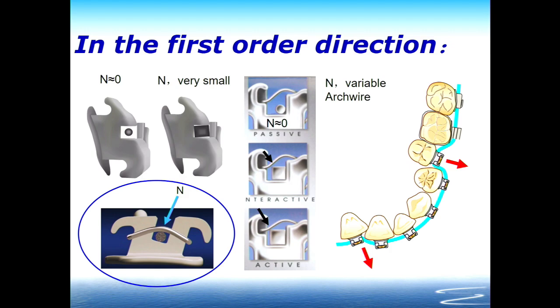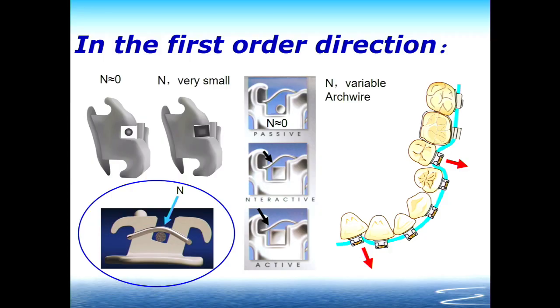And if you increase the size of the archwire or we use the rectangular wire, you do have some pressure, but it's very small. That means we have very small friction here.